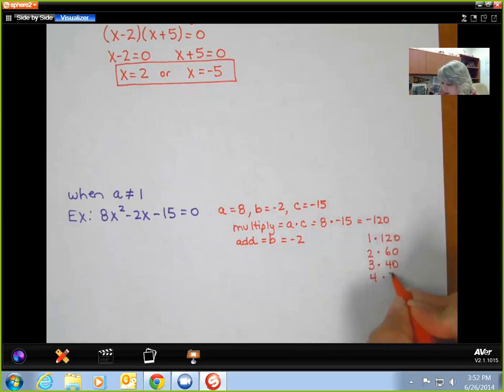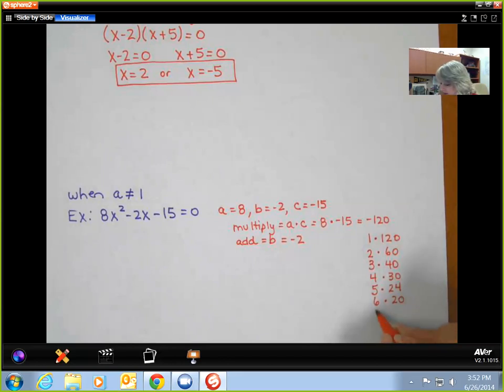4 goes in there 30 times. 4 and negative 30 is not negative 2. 5 goes in 24 times. 5 and negative 24 is not negative 2. 6 goes in there 20 times. 6 and negative 20 is not negative 2. 7 doesn't go in there.